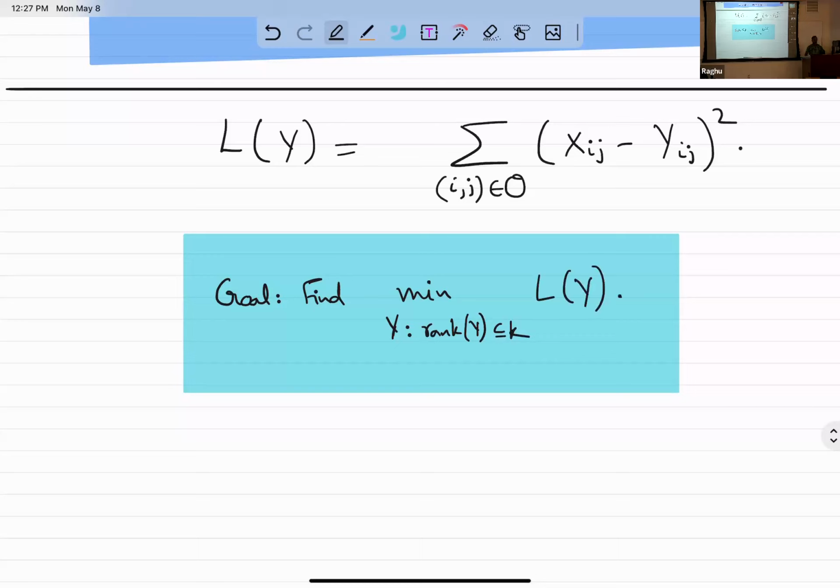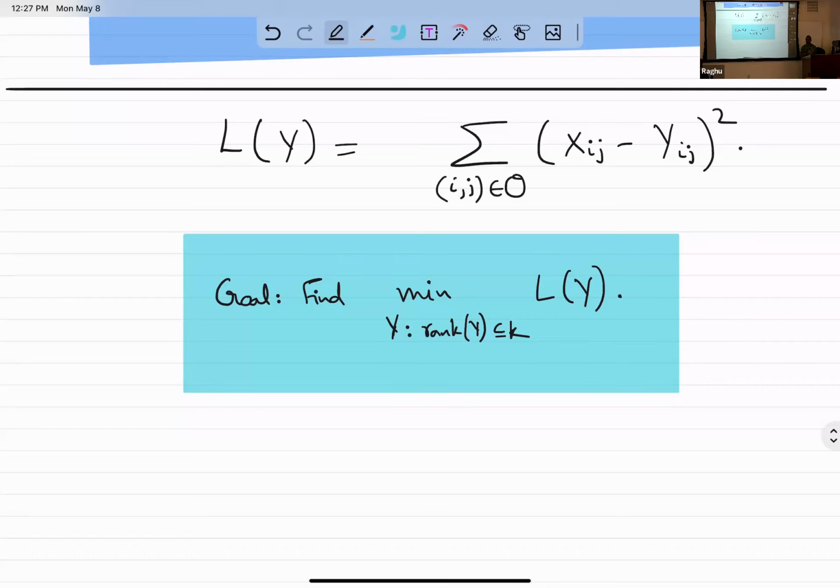Okay. It's the same problem that I just wrote down in a more compact notation. You have a loss function and you have a set of matrices that you're trying to optimize over. Okay. This is what you're trying to do. As I said, this is an NP-hard problem. And so what else can we do?